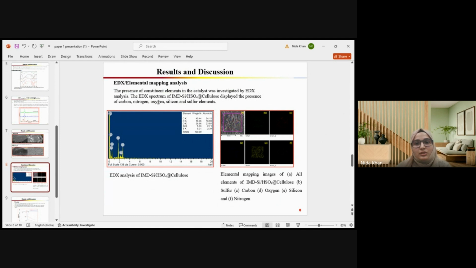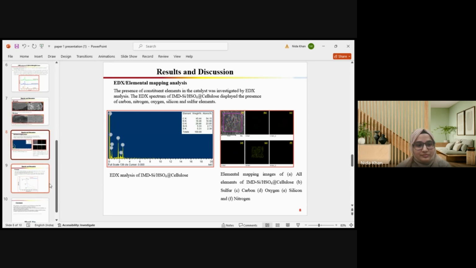EDX mapping was done to investigate the elements in our catalyst. There are several elements like carbon, nitrogen, oxygen, silicon, and sulfur. All are there in our EDX mapping, so we can confirm the elements, and the distribution of each element was confirmed by EDX mapping analysis.